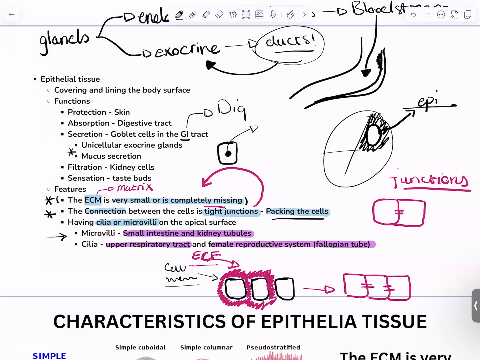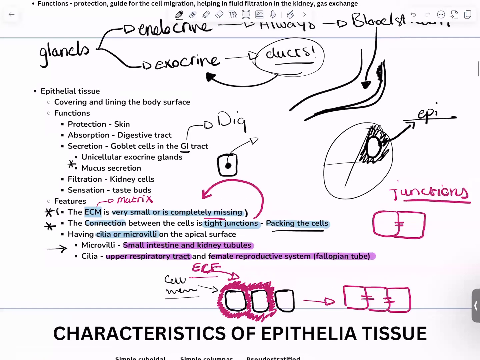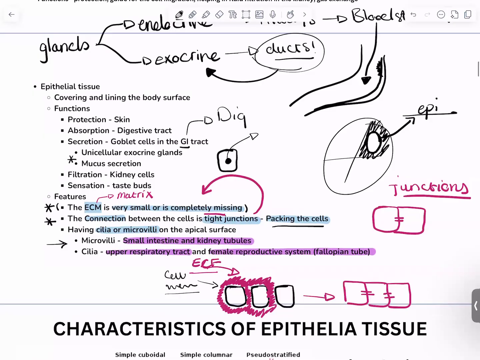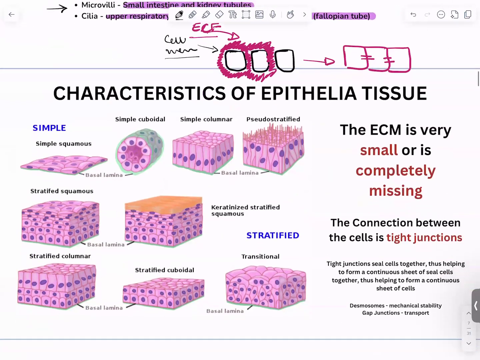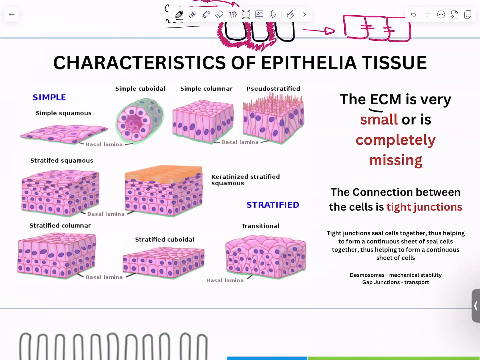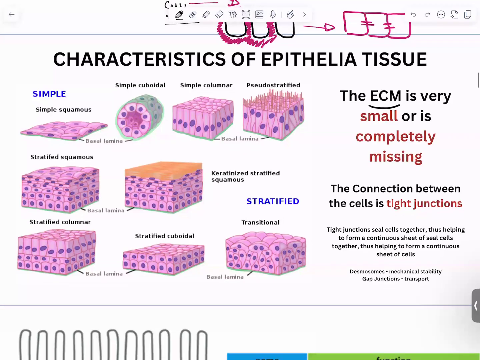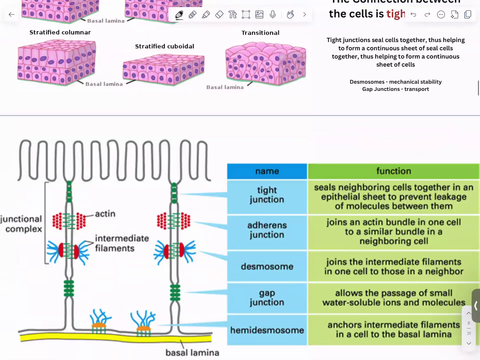Do you have any questions? No questions. So, we say that extracellular matrix is missed. Why? Because we have tight junctions. I want you to look at this structure.